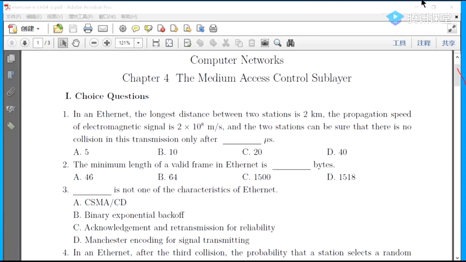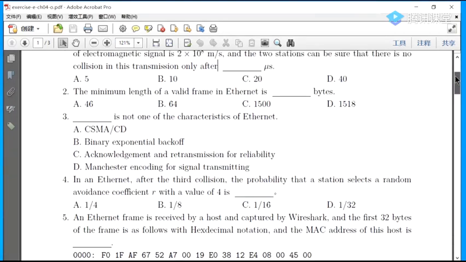Look at question 2. The minimum length of a valid frame in Ethernet is 64 bytes.